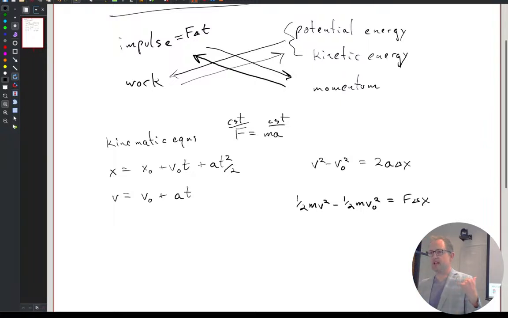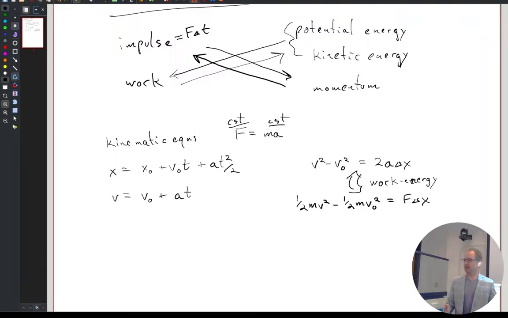So F delta x. So F delta x is a change in kinetic energy. Kind of cool. So that is our work energy, at least if your force is constant. So if you have a constant force, you're going to end up with a kinematic equation that is constant acceleration.